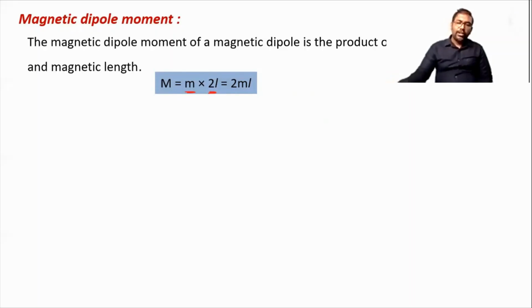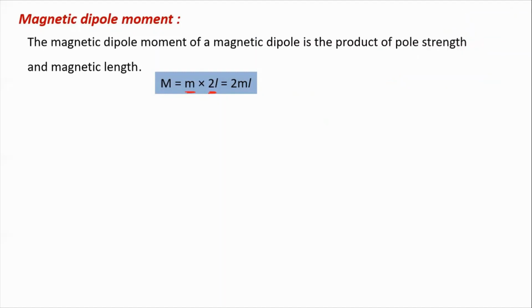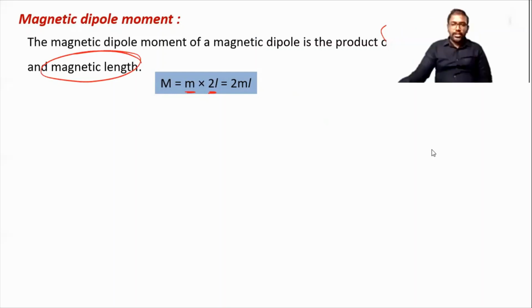So the product of pole strength and magnetic length is called magnetic dipole moment. The magnetic dipole moment of a bar magnet is given by this formula.